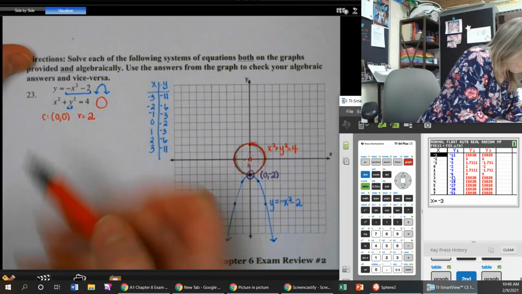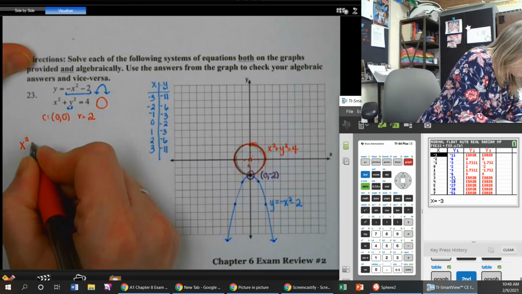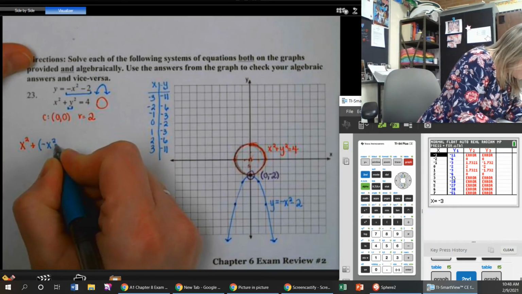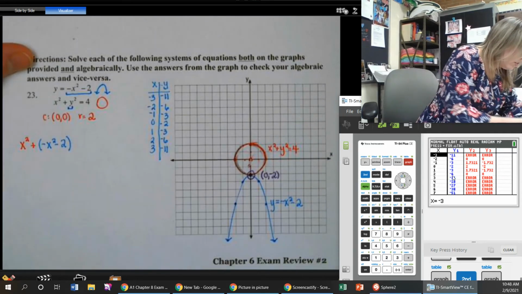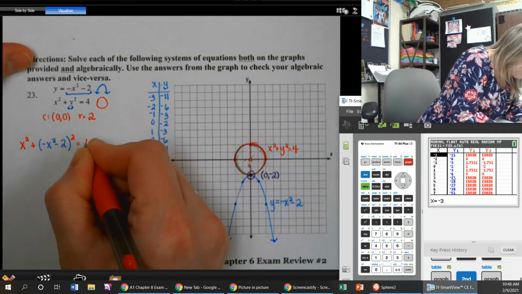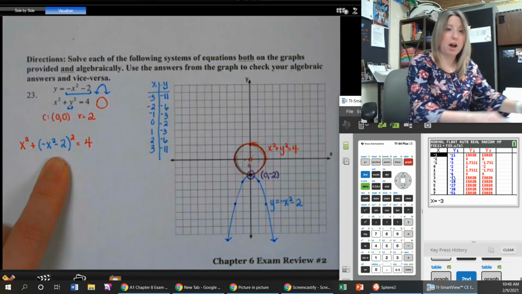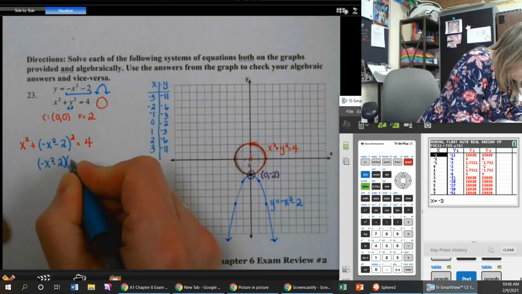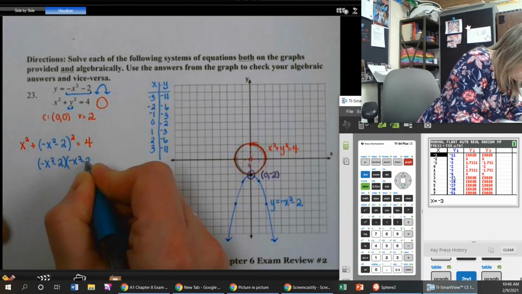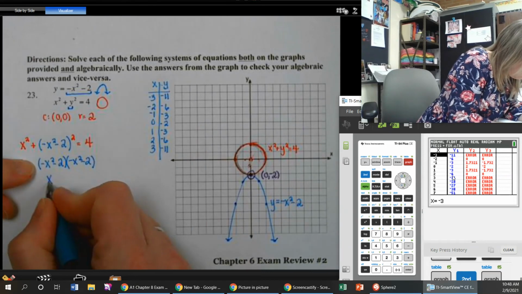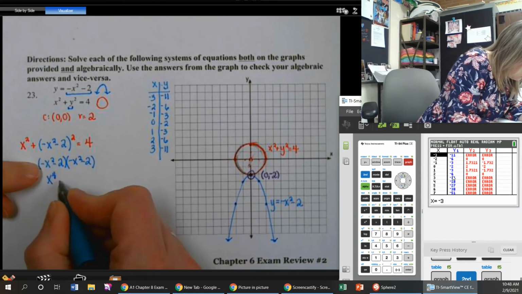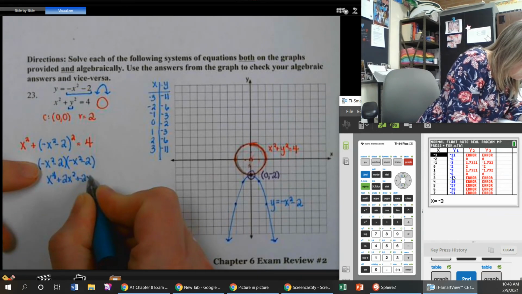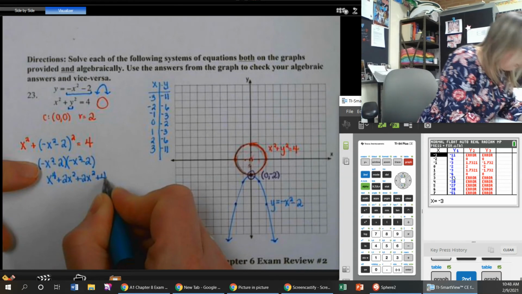So you've got x squared plus (-x squared minus 2) squared equals 4. Now really what you've got here is (-x squared minus 2) times (-x squared minus 2), which means when you FOIL that, you get x to the 4th, and then a positive 2x squared, and then another positive 2x squared, and then lastly a plus 4 here.